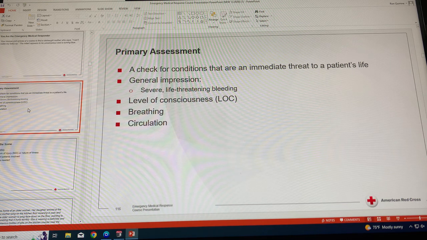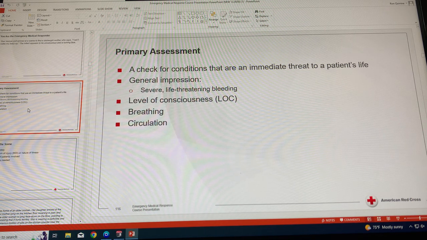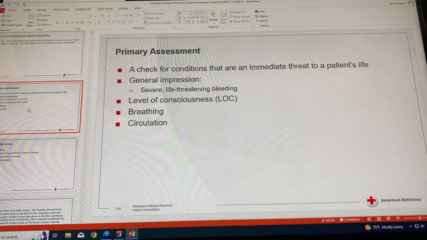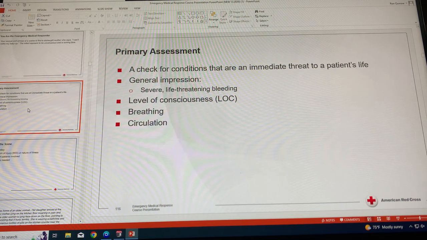An effective primary assessment includes creating a general impression of the patient, checking for responsiveness, and checking airway, breathing, and circulatory status. So check for conditions that are an immediate threat to the person's life: general impression, level of consciousness, breathing, and circulation.